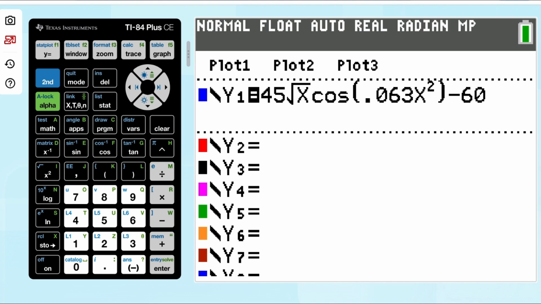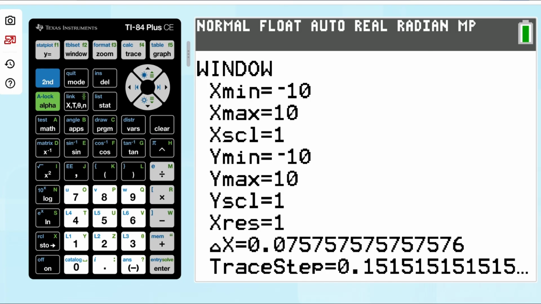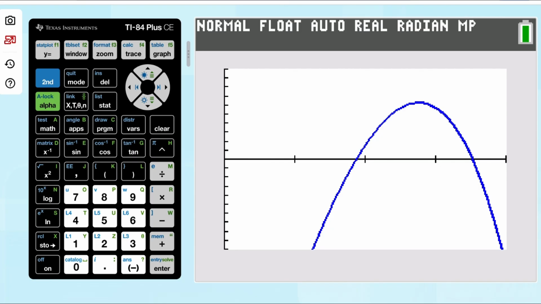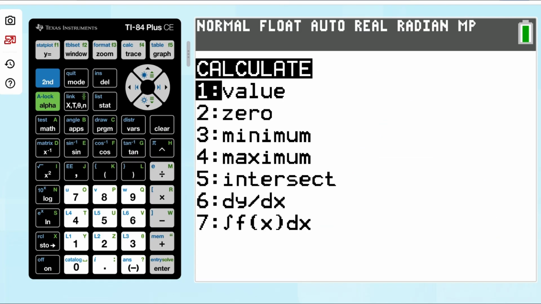So before I graph it, I'm just going to click window, and start on xmin and put it as 0, and xmax as 4, and now I'm going to hit graph, and I can see that my velocities there, minus 60, are equal to 0 in a couple places on this interval.